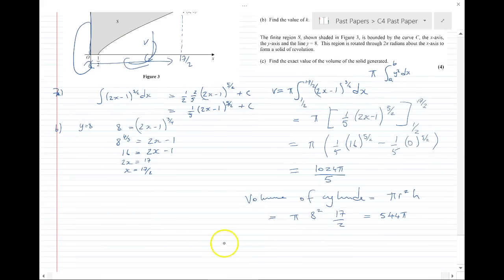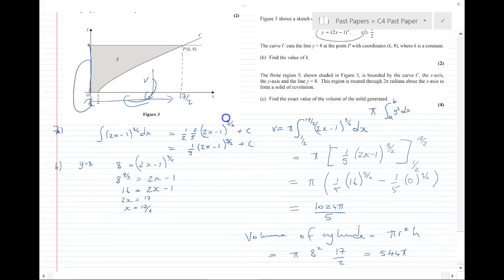So that gives us S, volume S, rotated, because S was described as an area. So anyway, volume of S rotated is the difference between these two. Obviously the cylinder is the bigger thing.